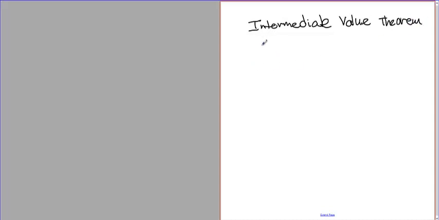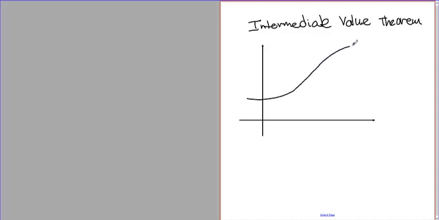So what I'm going to do, instead of writing it out in words, you can read about it in words in the book. I'm going to describe what the intermediate value theorem says, what it's trying to tell us. So it says you have some function. We'll call this f of x.